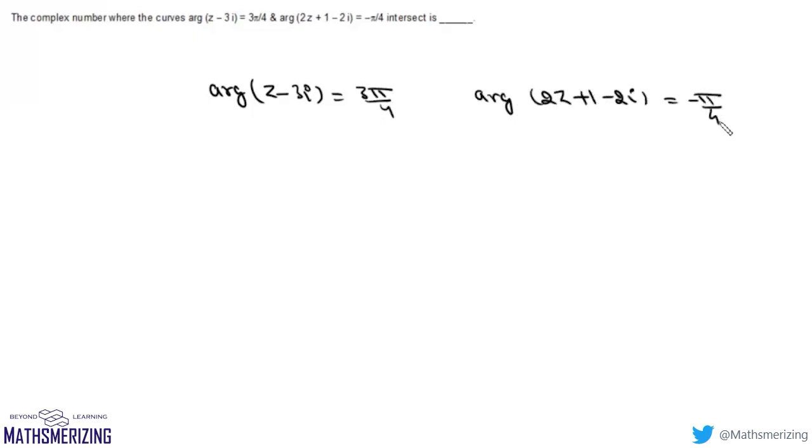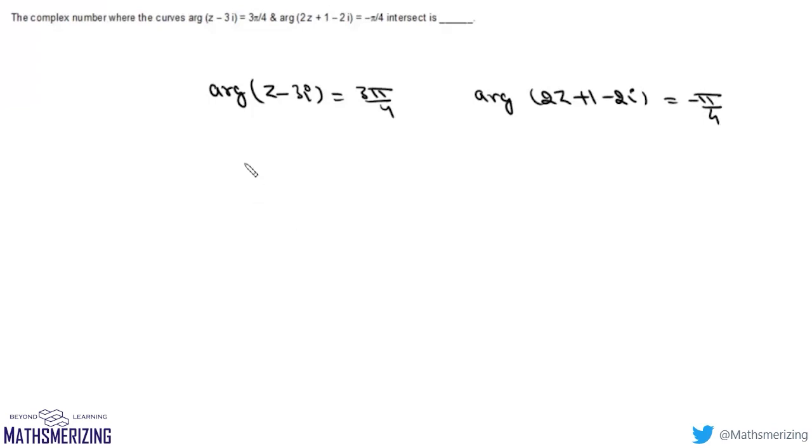Now here the question is the complex number where the curves argument of z minus 3 iota equals 3 pi by 4 and argument of 2z plus 1 minus 2 iota equals minus pi by 4.